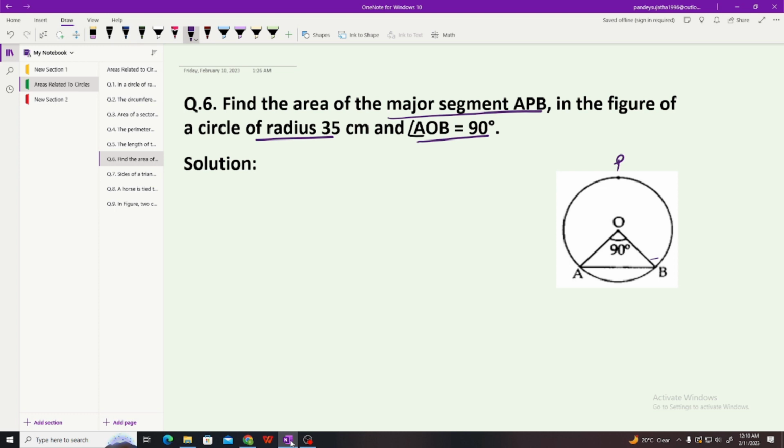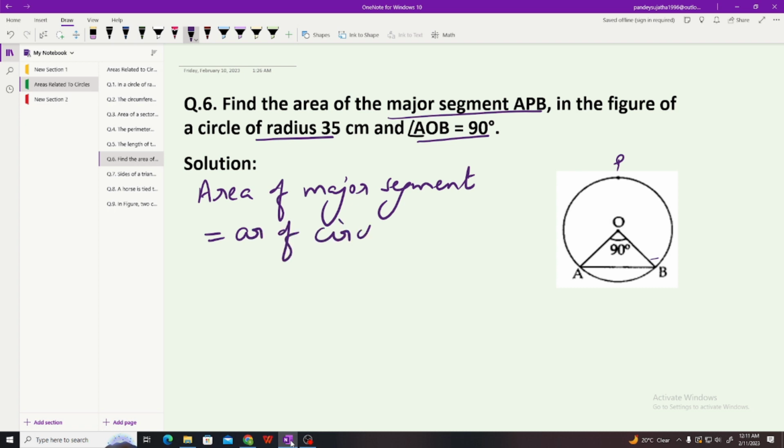So you all know the formula of area of major segment, that is area of circle minus area of minor segment.